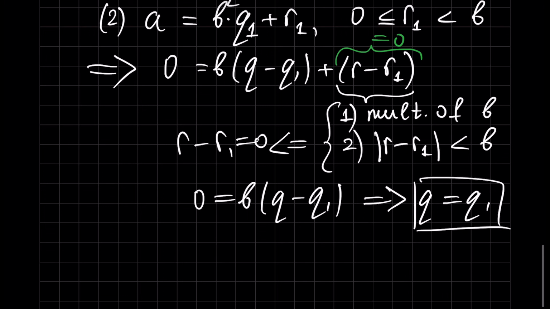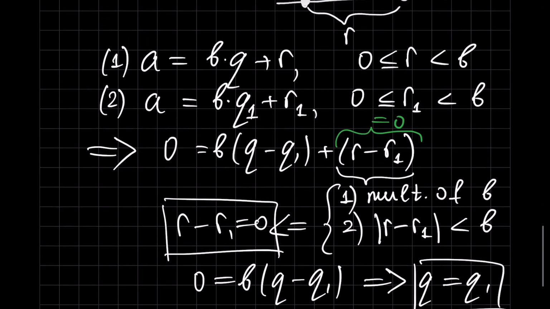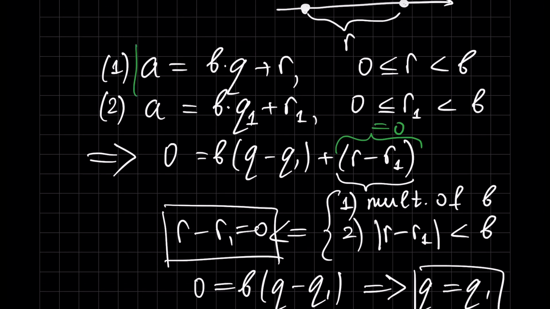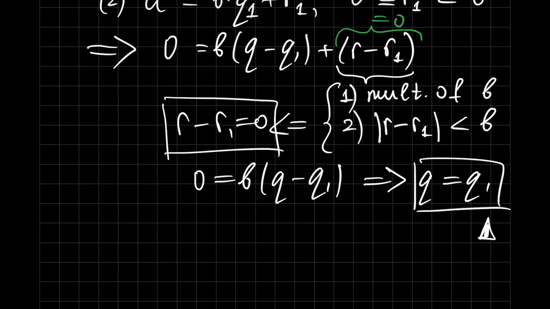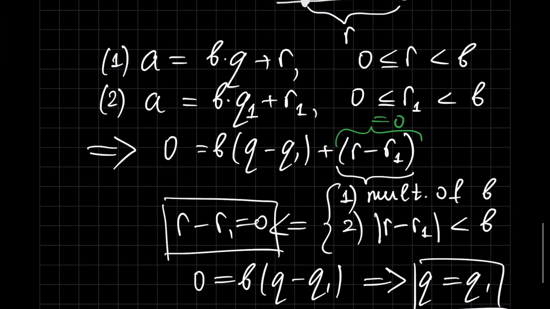So we have Q is equal to Q1 and R is equal to R1. So this representation is unique. It was the proof of this theorem.